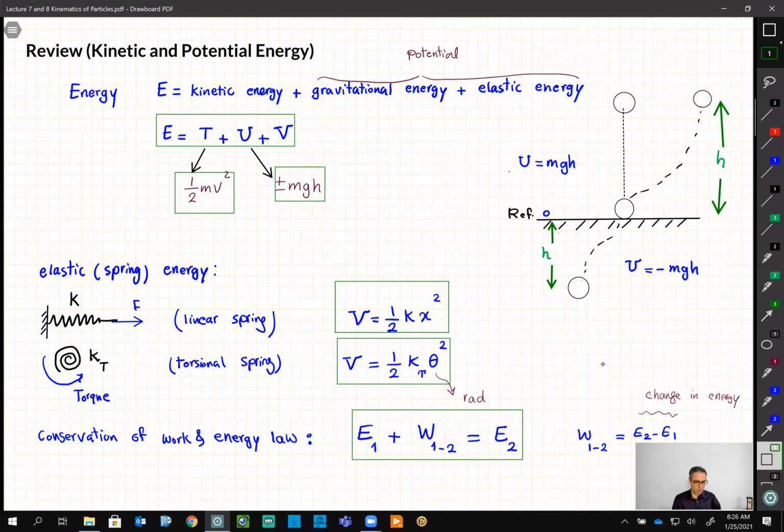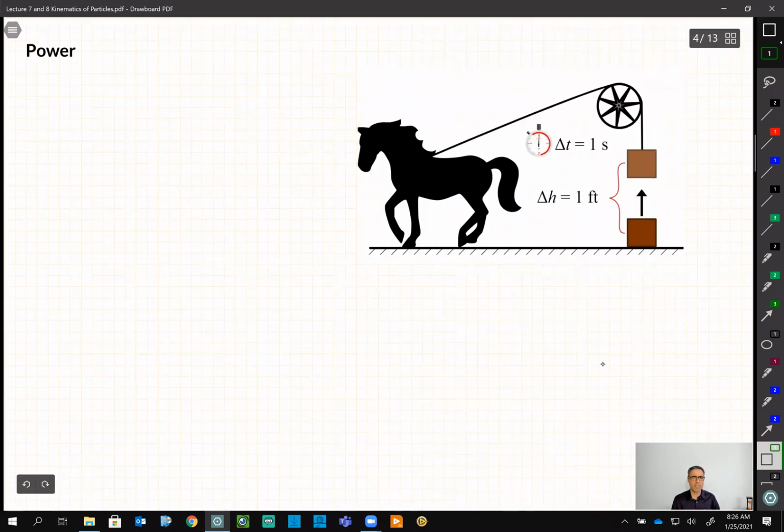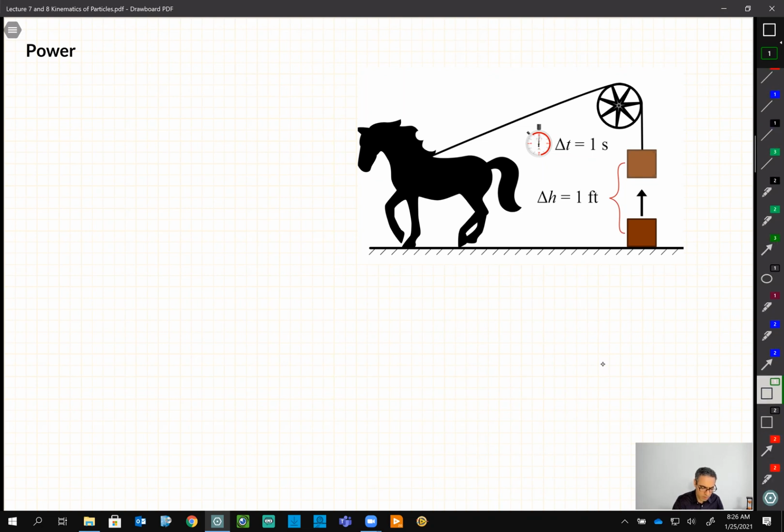All right, so since we are on the topic of energy, let's just quickly talk about power. What's the difference between power and work? I'm going to ask you this question by showing this.